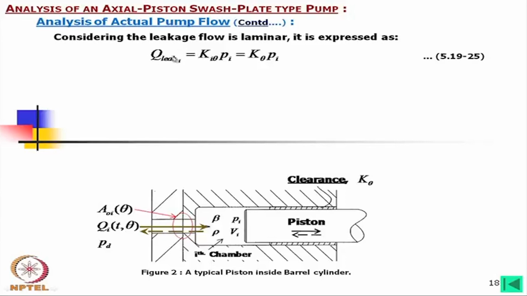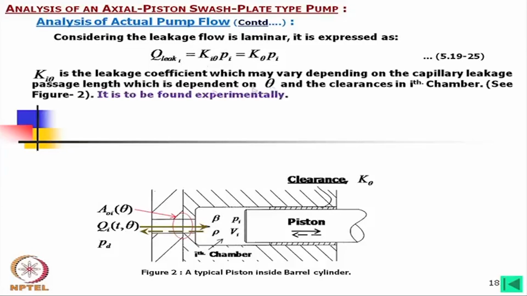You can see that Q leakage is defined by the instantaneous pressure in the ith chamber multiplied by this constant. Here k i theta is the leakage coefficient, which may vary depending on the capillary leakage passage length, which is dependent on theta.